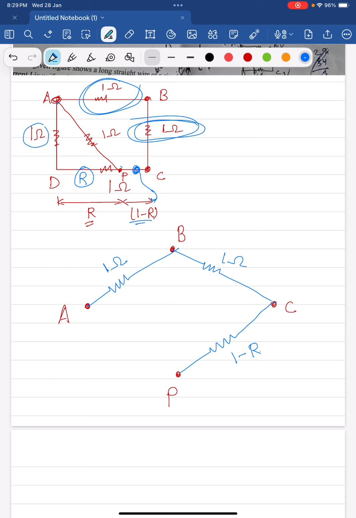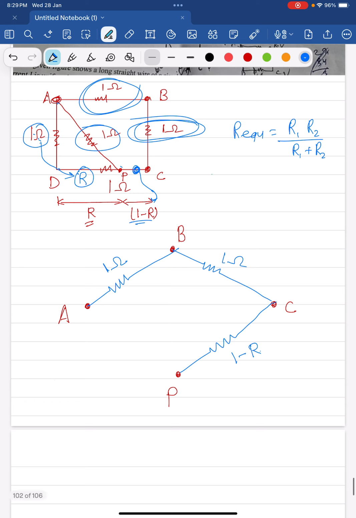and 1 ohm is in series combination with this segment, so equivalent resistance of both resistors is 1 plus R, and this 1 plus R is parallel with 1 ohm resistor. In parallel combination R equivalent will be R1 R2 divided by R1 plus R2.